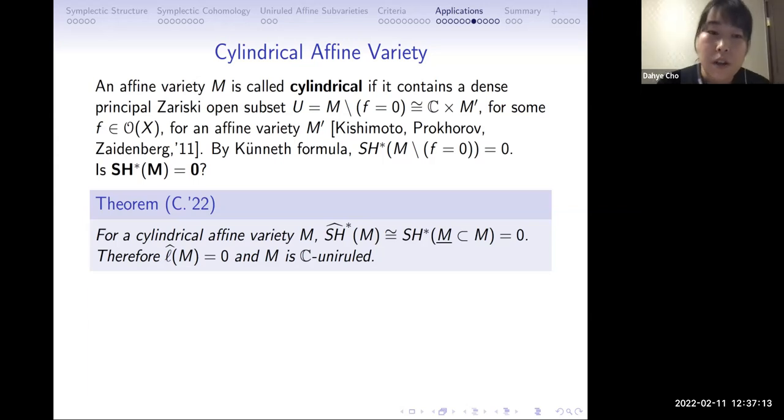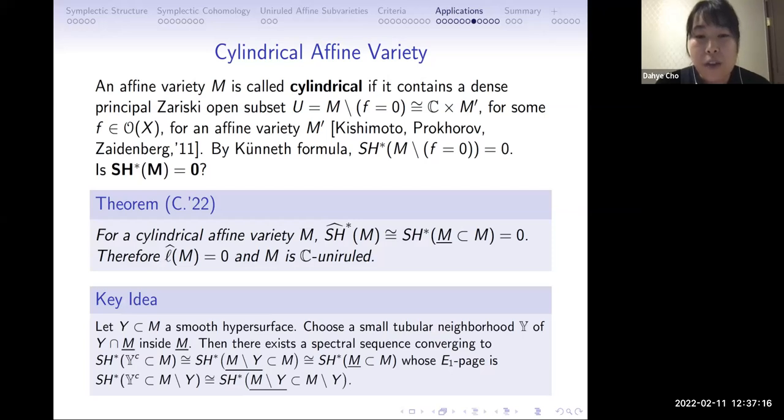The idea is that we have a spectral sequence from the symplectic cohomology after deleting the divisor, which converges to the symplectic cohomology of M. Let me explain the idea. We use relative symplectic cohomology of a pair, a compact subset inside the completion of a Liouville domain.